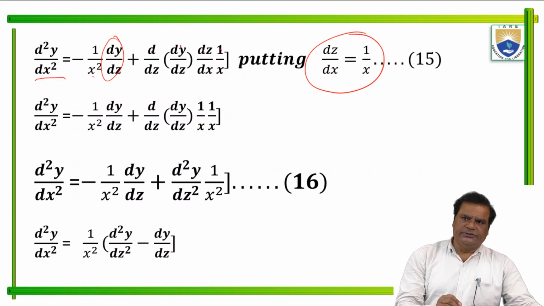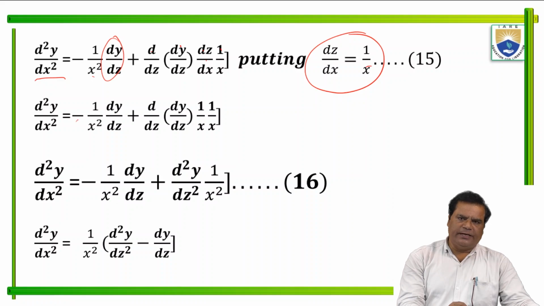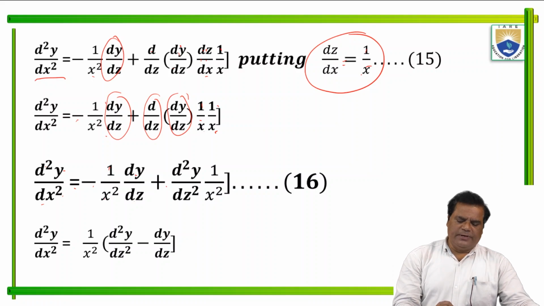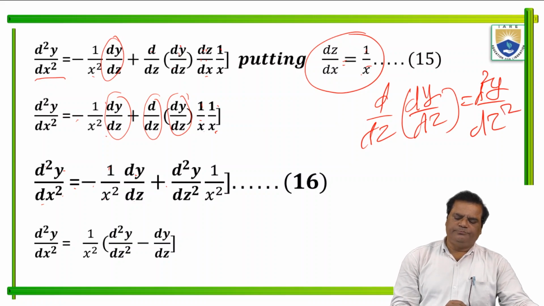But dz/dx is 1/x here, so putting this value, we get minus 1/x square dy/dz plus d/dz of dy/dz, with dz/dx equal to 1/x. So 1/x into 1/x. Again d2y/dx2 equals minus 1/x square dy/dz plus d/dz of dy/dz, which is equal to d2y/dz2, the same variable.